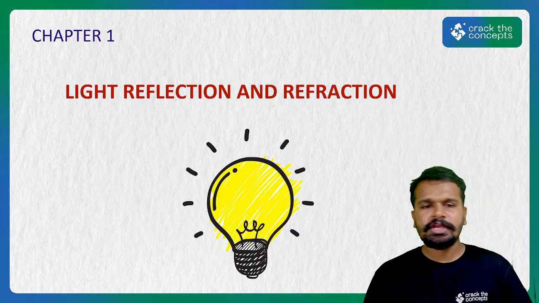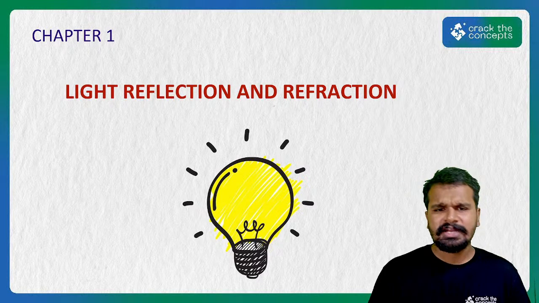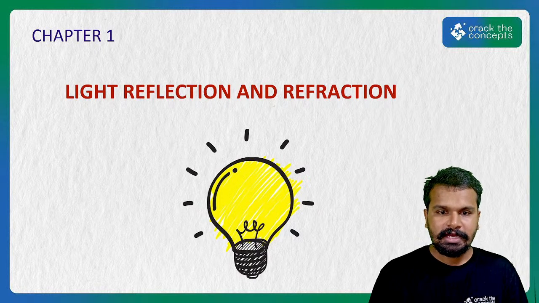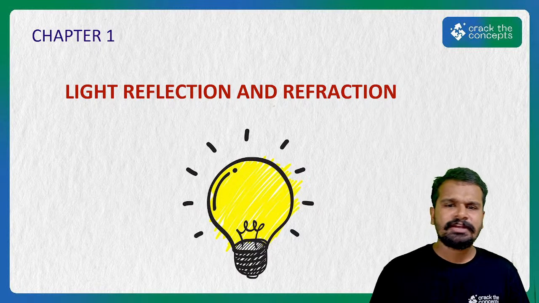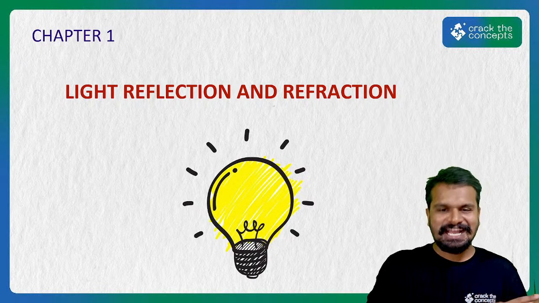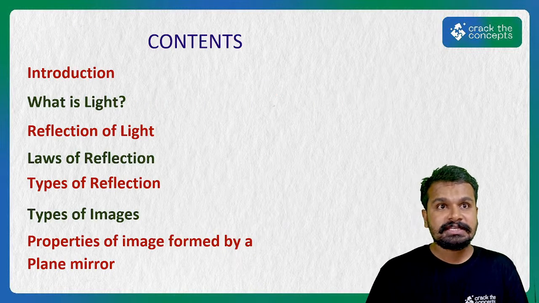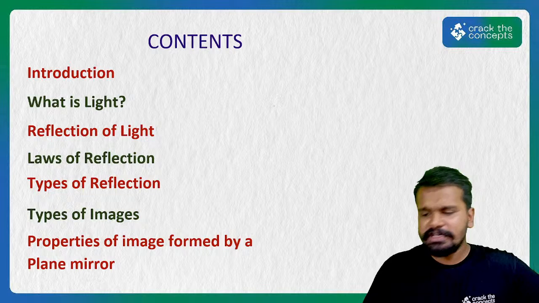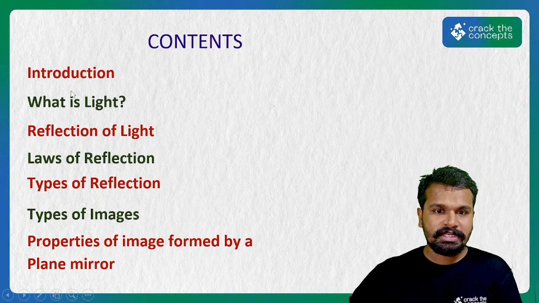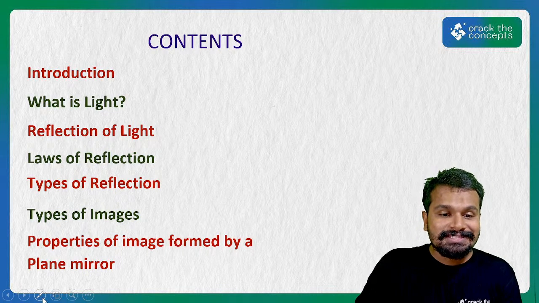Today we'll be discussing the first chapter from our physics, that is light, reflection and refraction, part 1 of this session. We'll discuss all the topics in detail, and even the base concepts if you have missed them. You already studied light and reflection from class 6th itself, but you might have forgotten, so we will discuss from scratch. First we'll see the introduction part, then what is light.